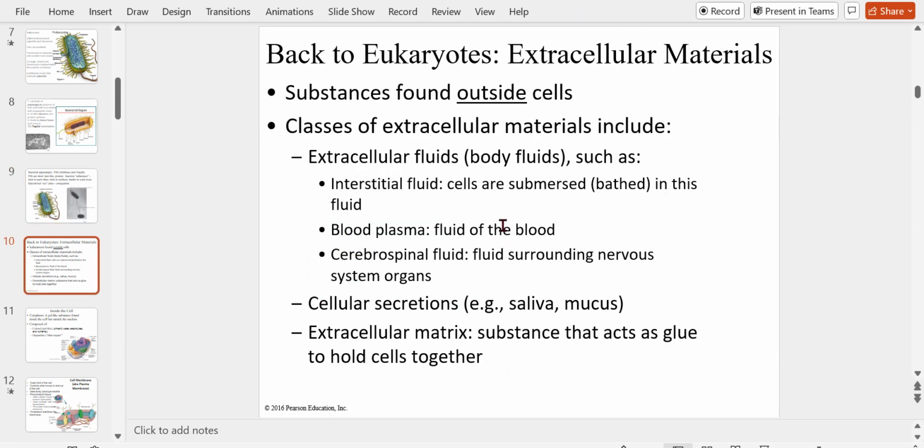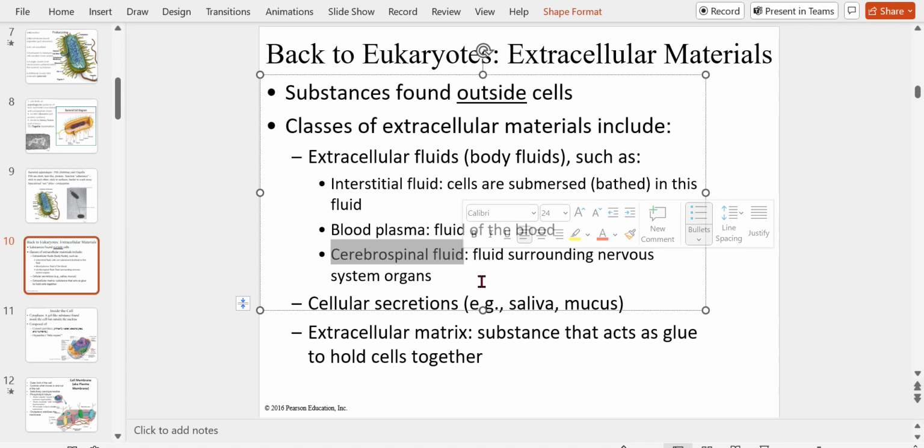So, back to eukaryotes, extracellular material, substances found outside the cell. Classes of extracellular material include extracellular fluids, body fluids, blood plasma, CSF, cerebrospinal fluid, the fluid that surrounds the brain as well as the spinal cord.